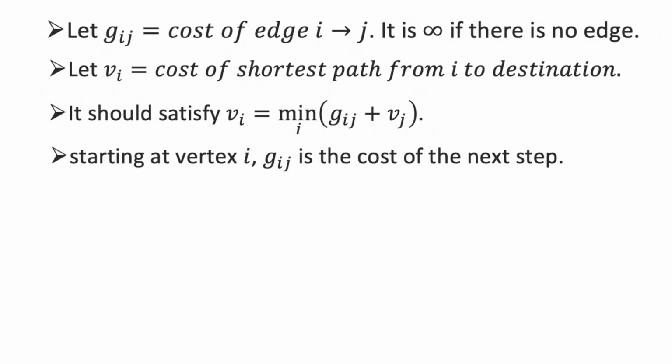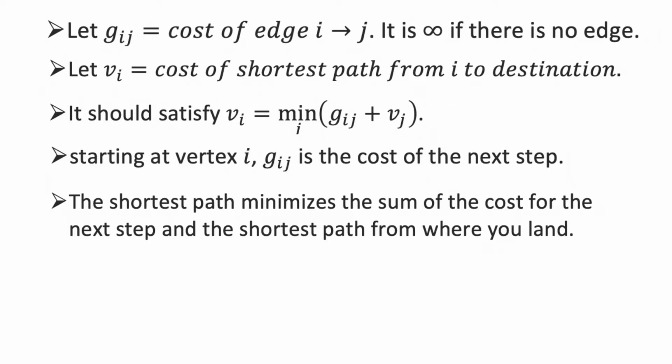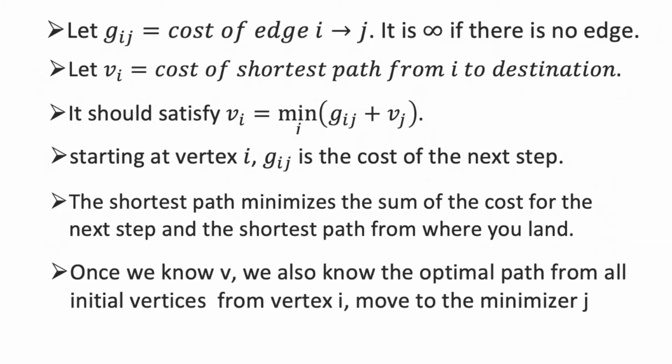Starting at vertex i, Gij is the cost of the next step. The shortest path minimizes the sum of the cost for the next step and the shortest path from where you land. Once we know V, we also know the optimal path from all initial vertices. From vertex i, move to the minimizer j.